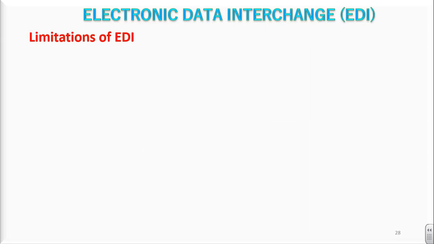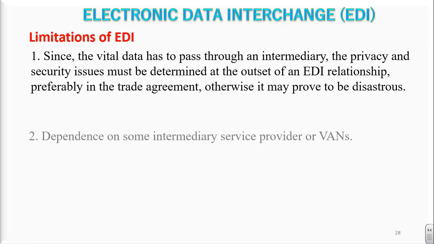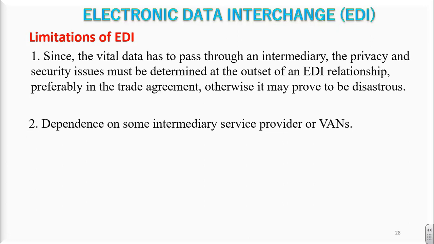Now, what are the limitations of EDI? First, since the vital data has to pass through an intermediary, the privacy and security issues must be determined at the outset, that is, the beginning of an EDI relationship, preferably in trade agreements, otherwise it may prove to be disastrous. The second limitation is we have dependence on some intermediary service provider, that is VANs, value-added networks.